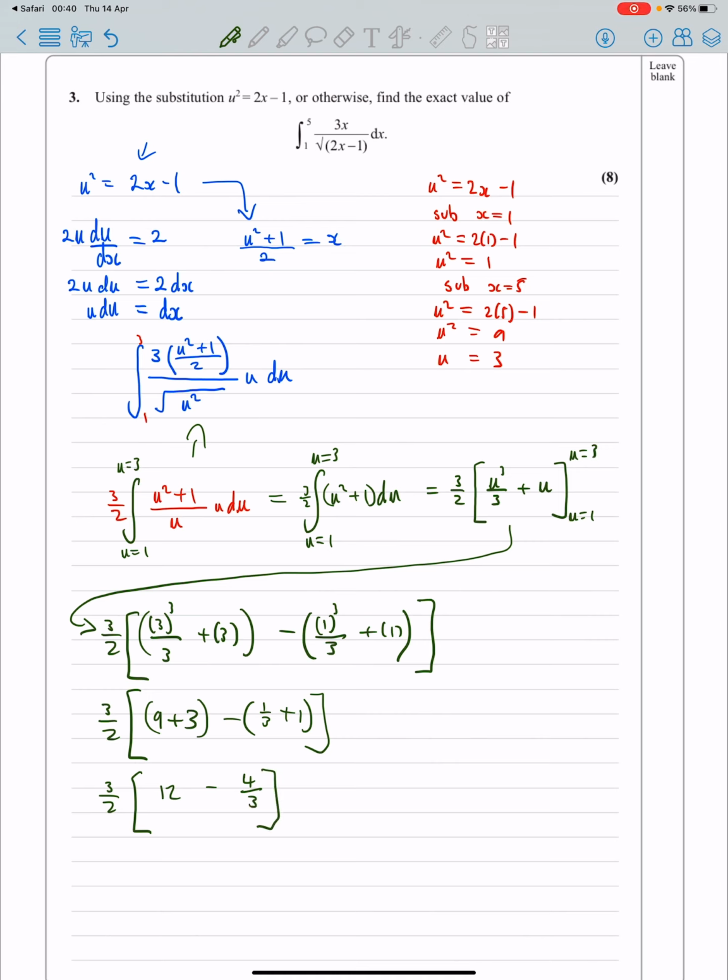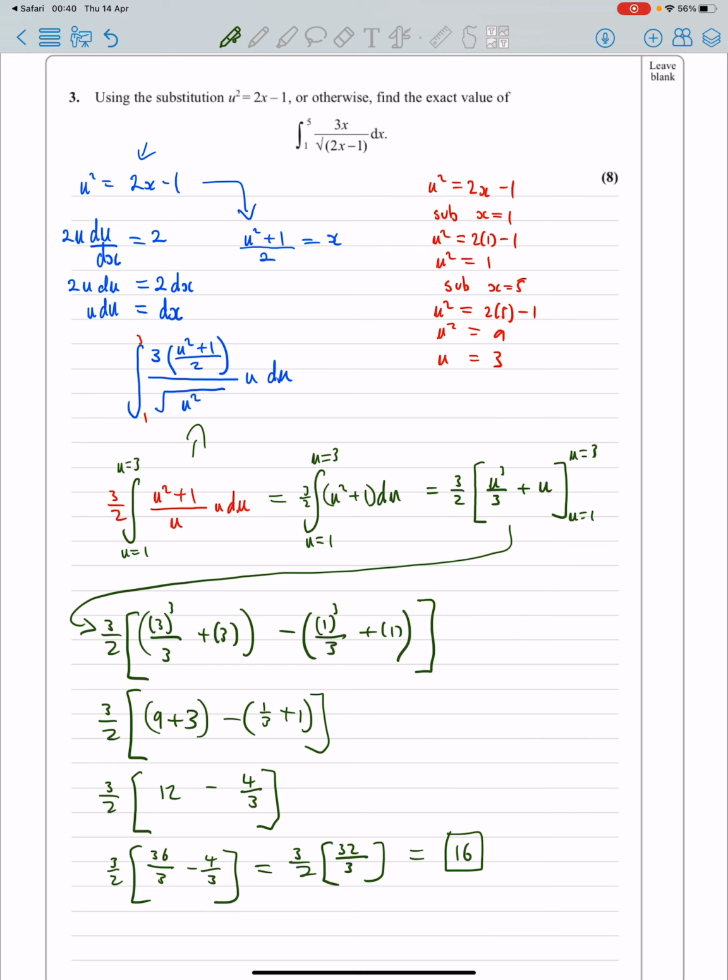And then 3 over 2, well, 12 is the same thing as 36 over 3. So 36 over 3, take away 4 over 3, giving us 3 over 2 lots of 32 over 3. So we times those things out and we get 16. So that's our exact value.